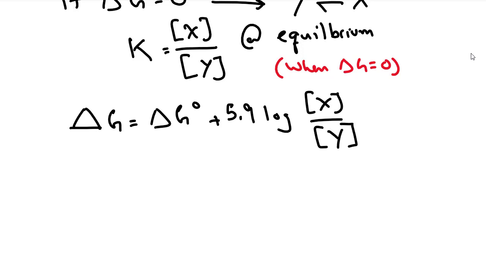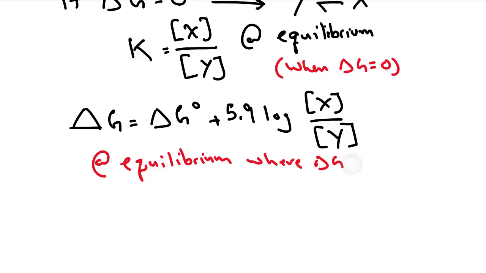Concentration of X over Y. Now, if we are at equilibrium, where delta G equals 0, because that is the definition of equilibrium. You are at equilibrium for a physical or a chemical process if delta G equals 0. That's going to always be the case. That will never change. Remember, this is delta G, not delta G standard.